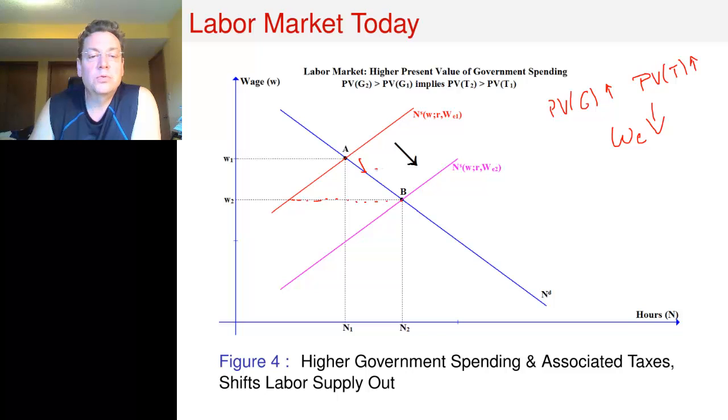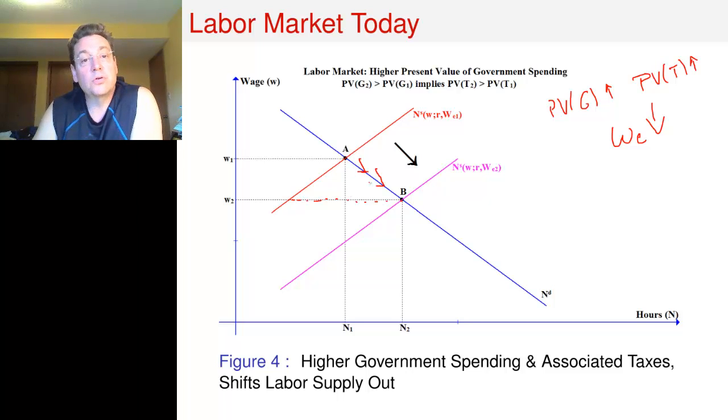Firms are willing to move down their fixed demand curve as the wage falls, because that's how they will get the marginal product of labor to fall to be consistent with what's going on with the wage. There's no shift in the demand for labor because by assumption, this government spending is wasteful.